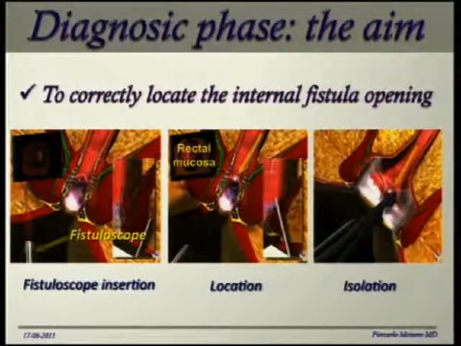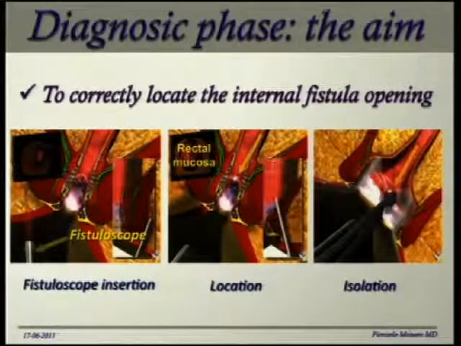We put the fistula scope against it and wait for the glycerin mannitol solution to open the fistula tract. Then we simply follow movements left, right, and up, down, exactly like driving a car in a tunnel. Finally, you will get at the end of the fistula pathway, which is the internal fistula opening.